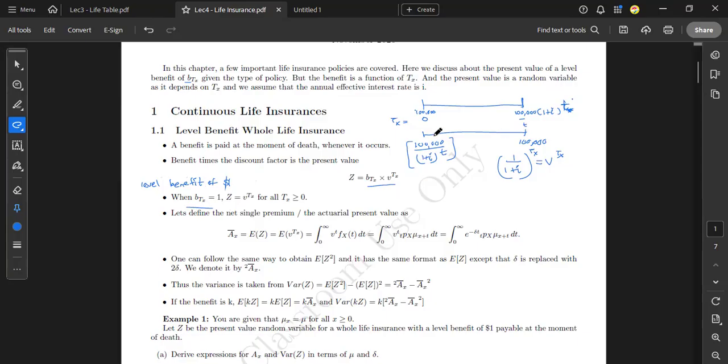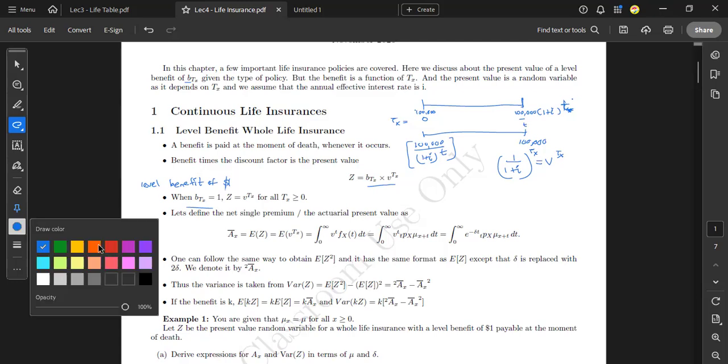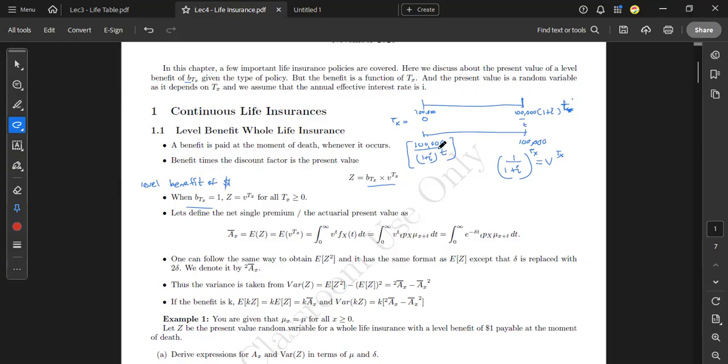Then let's use the same diagram. Since our benefit is $1 now, and death occurs at this point, that means the benefit is paid at this moment.